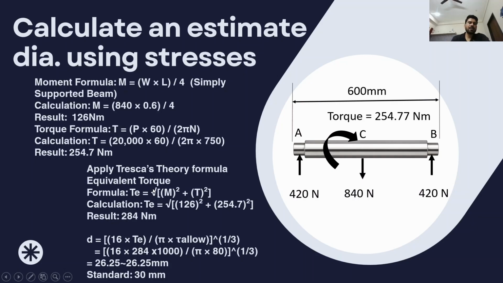And now apply Tresca's theory for calculation. I will be using equivalent torque because the loads are combined loads, meaning bending load and shear loads are simultaneously present. That's why we have to use the equivalent torque.